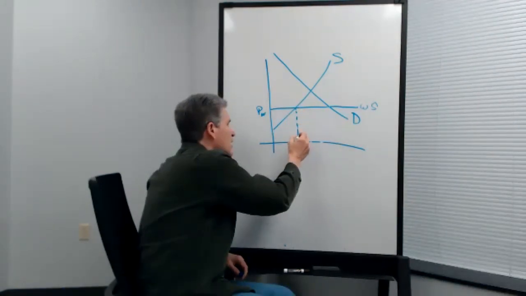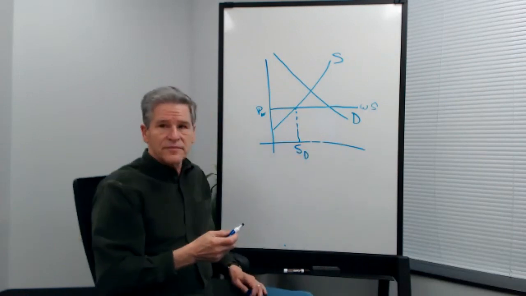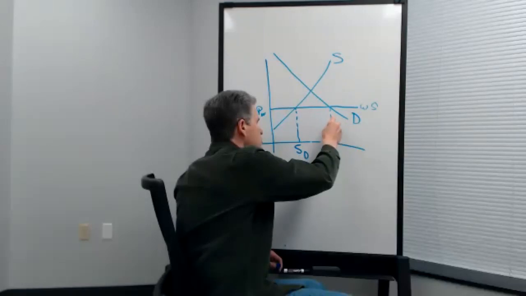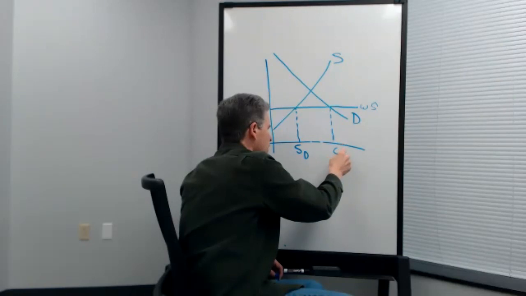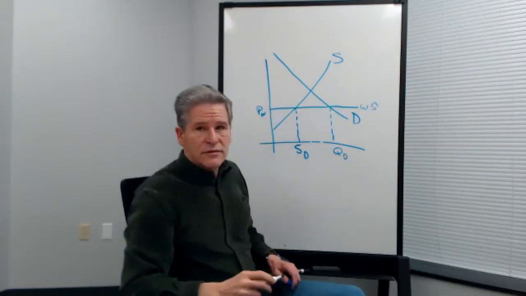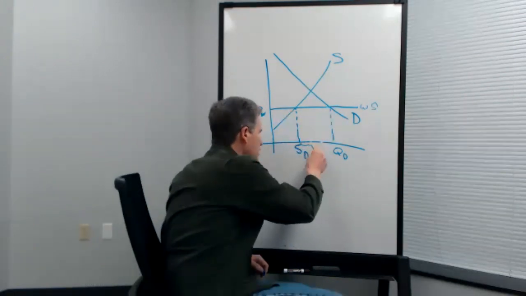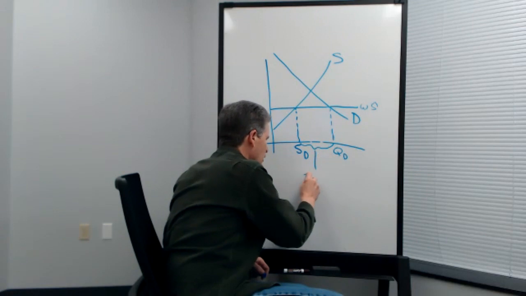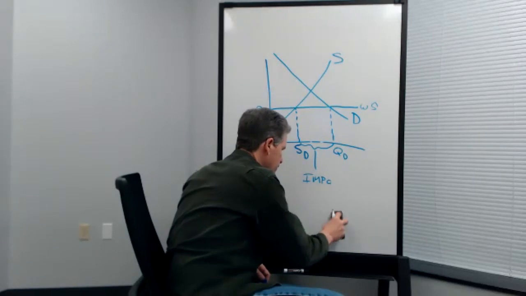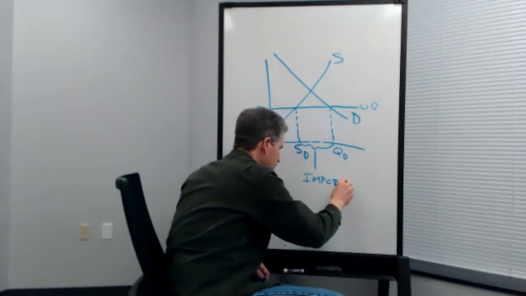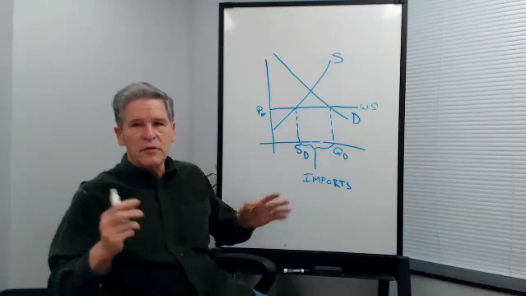This is the domestic supply, this is the quantity demanded and purchased, and the difference between the two is this piece right here: imports. Everybody with me? Okay.